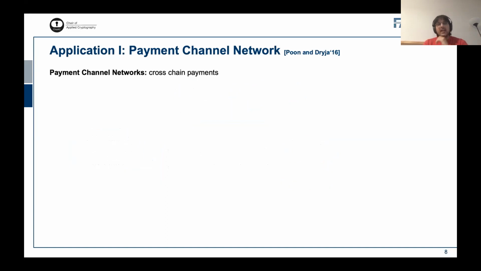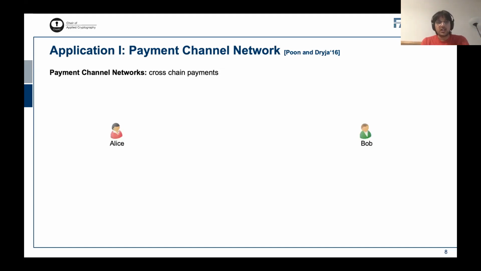Okay, and payment channel networks are a natural generalization of payment channels where you can make payments via several payment channels. And these payment channels could exist in different cryptocurrencies. So it could be Bitcoin, Ethereum, Monero, and the Bitcoin user could make a payment to the user in Monero via the channels in Bitcoin, Ethereum, and Monero.